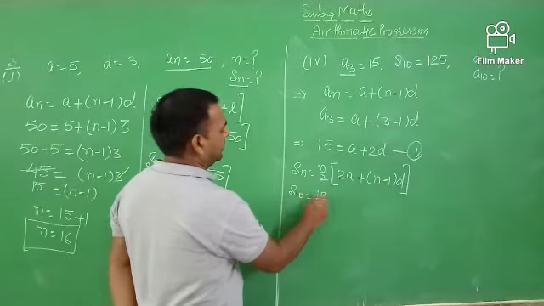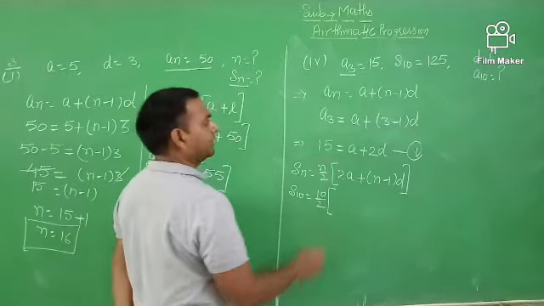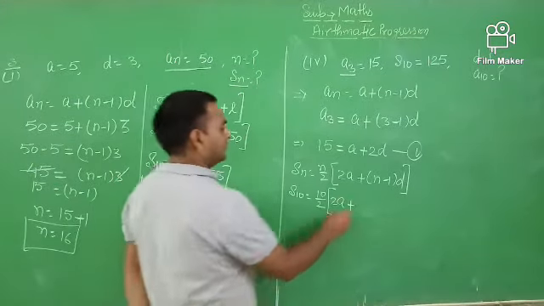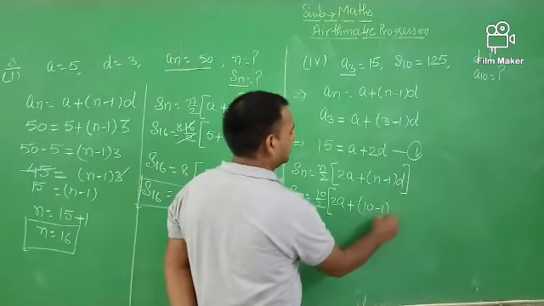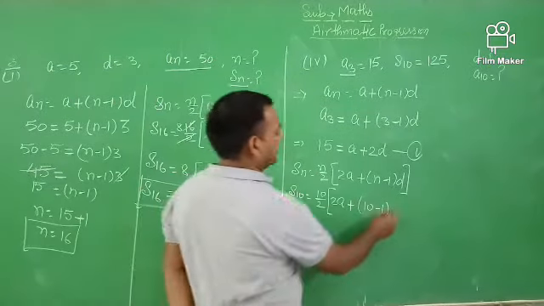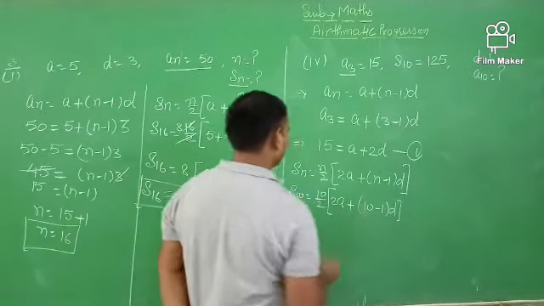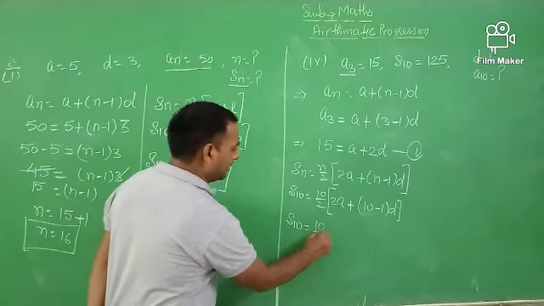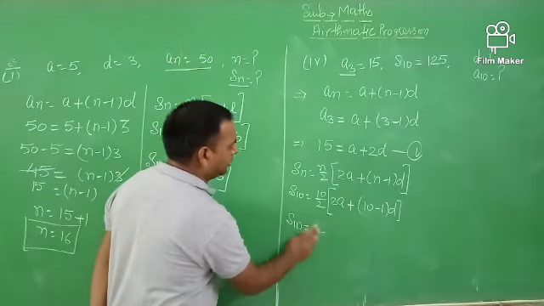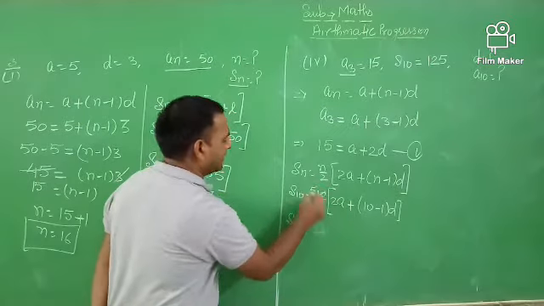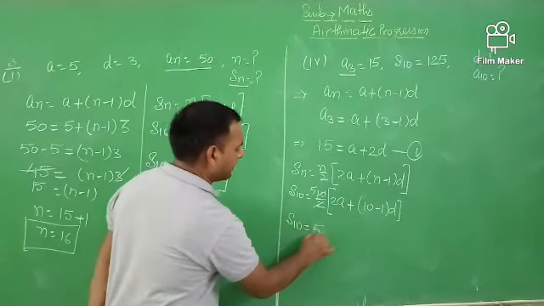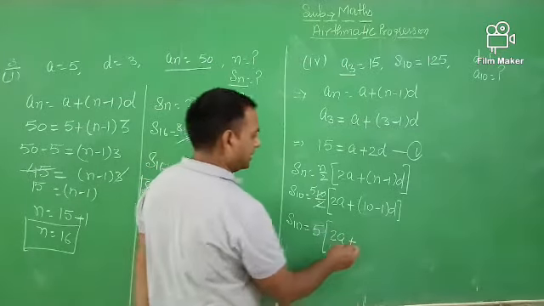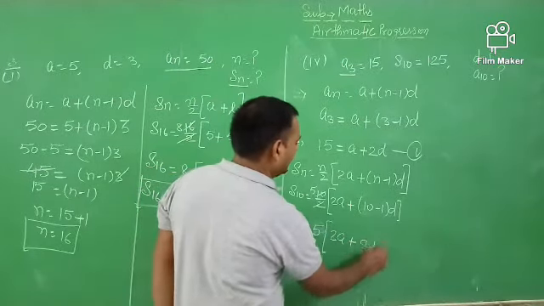S10 is equal to 10 by 2 bracket 2a, 2 into a plus n minus 1, it means 10 minus 1, into d. d is also not given, so put the value of d. Therefore S10 is equal to 10 by 2, it means 10 by 2 you write down 5. So this is equal to 5 bracket 2a plus 9d.